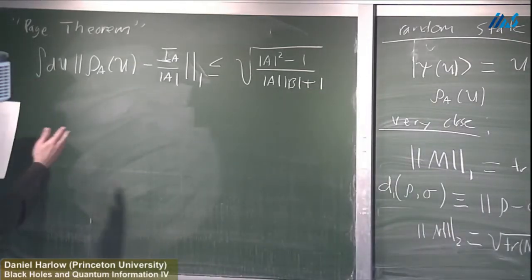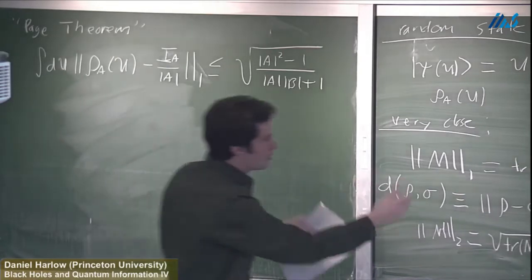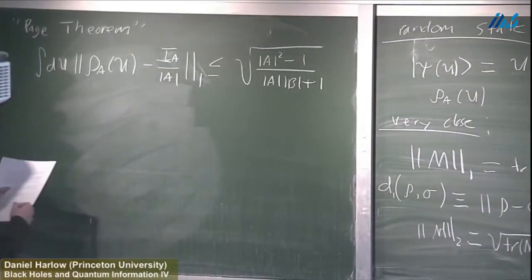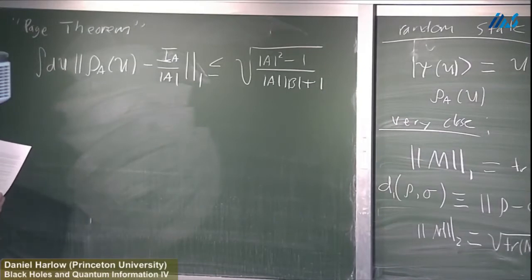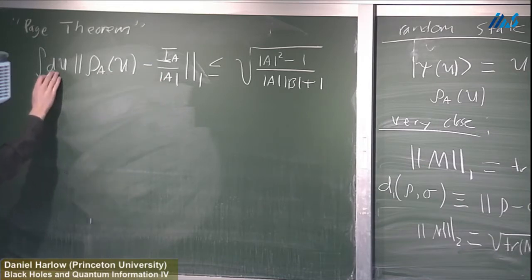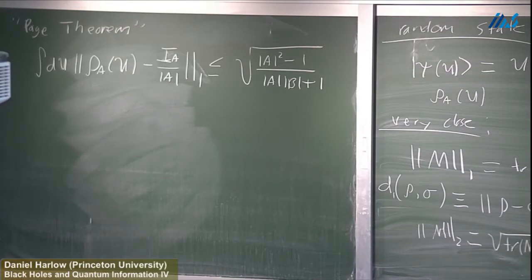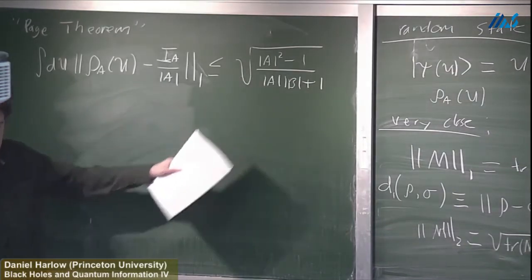So it's saying that if you look on average in the ensemble at the difference between rho_A and the identity, it's typically this.